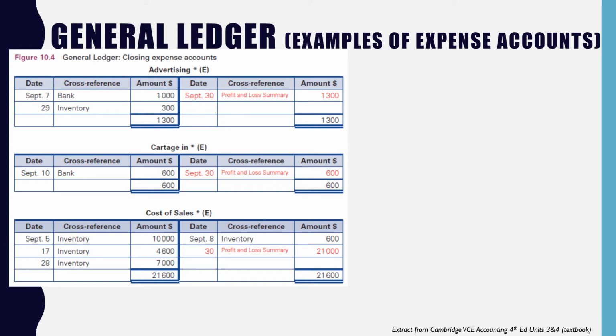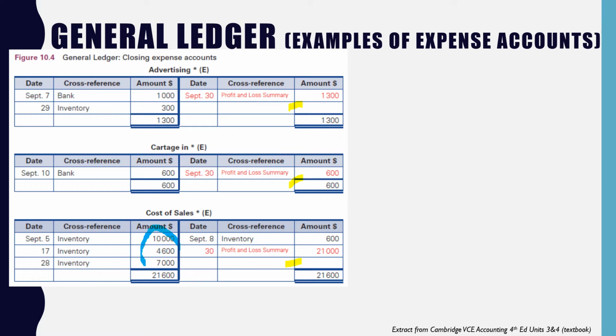Here's a snapshot of how the expense ledger accounts will look after we have posted the closing entries. As we can see here, all the expense accounts have been credited to transfer the net amounts out to the profit and loss summary account. I would also like you to take note of what's done in the cost of sales account.